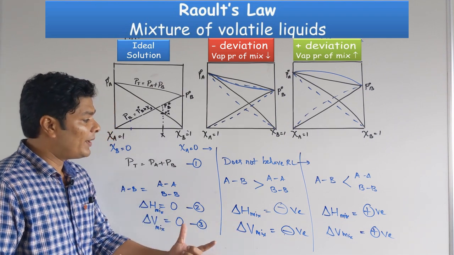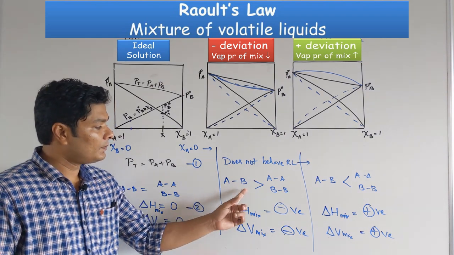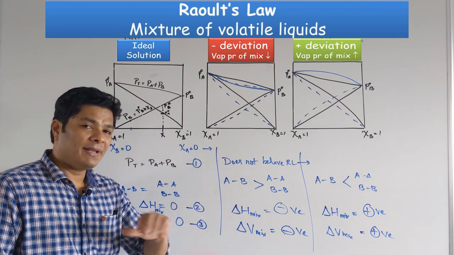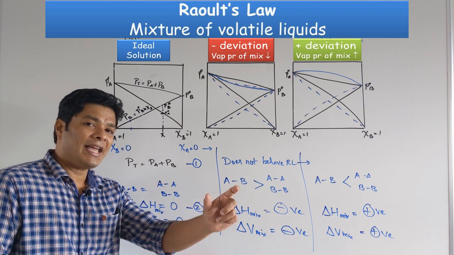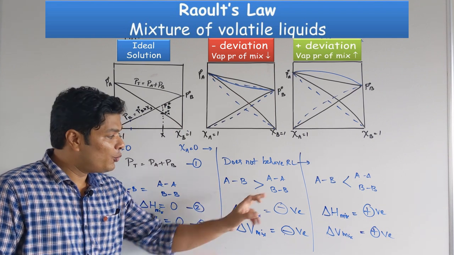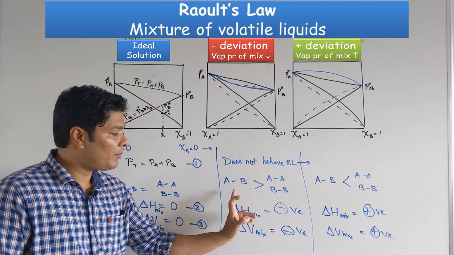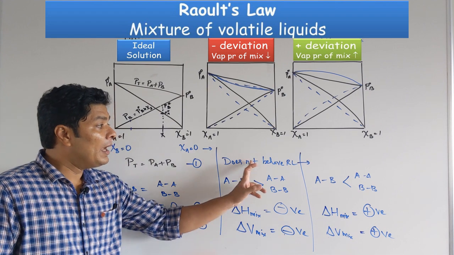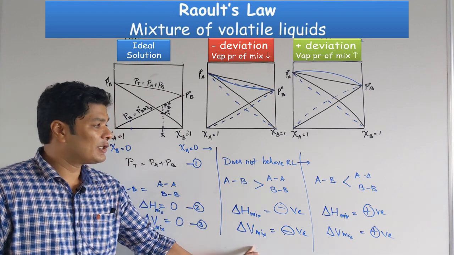Negative deviation is when their interaction is much stronger, so the vapor pressure goes down. The best example is water with any of the acids, HCl or HNO3 or even acetic acid. What happens is you break the weaker hydrogen bonding and you form stronger hydrogen bonding. So water with acids are going to be negative deviation of Raoult's law.